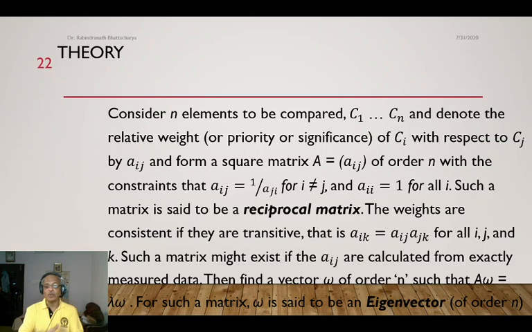Then you will have to find a vector of the order n such that the whole matrix multiplied by that vector will be equal to some value lambda times that vector. So W is said to be the eigenvector of order n.